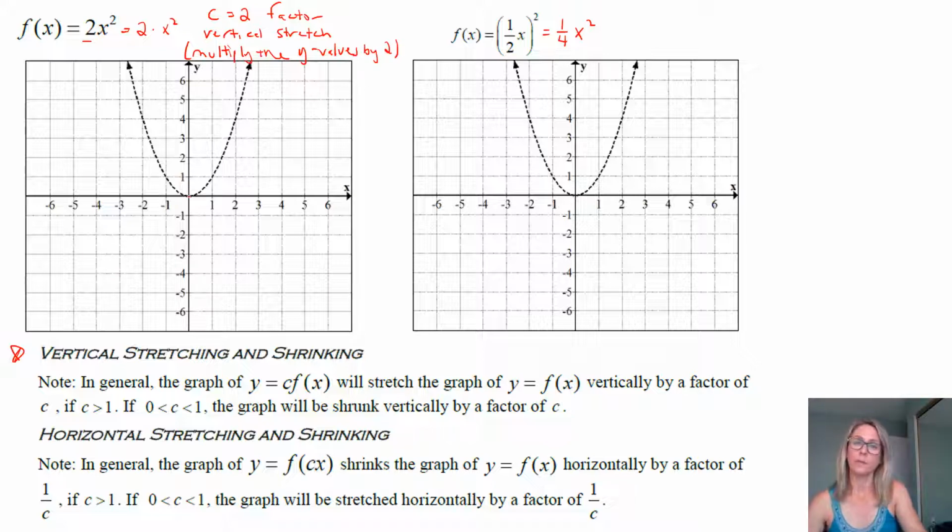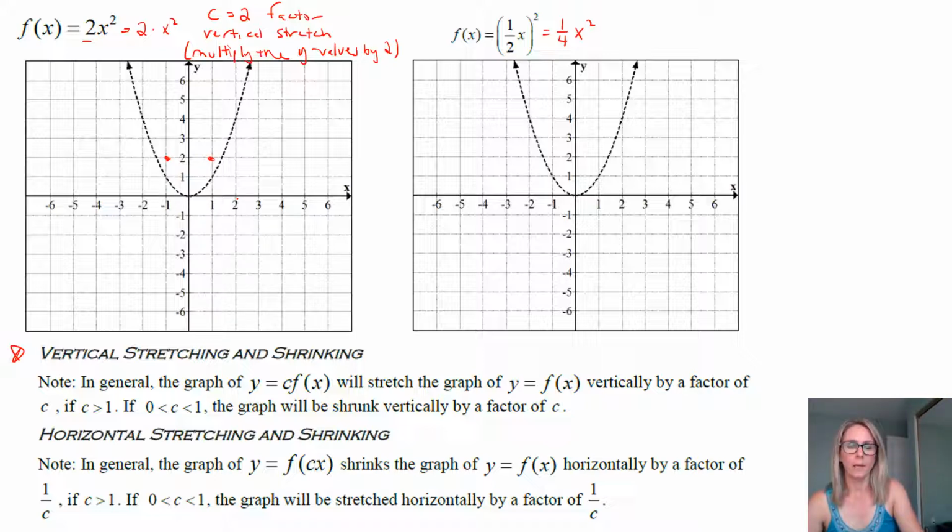So notice we have the point 0, 0. Well, if you multiply the y value there by 2, you're still going to have 0, 0, so that doesn't change. Then we have the point 1, 1. If we change the y value by multiplying it by 2, we're going to have 1, 2, and then of course we have our symmetry here, so I'm going to have negative 1, 2 as well.